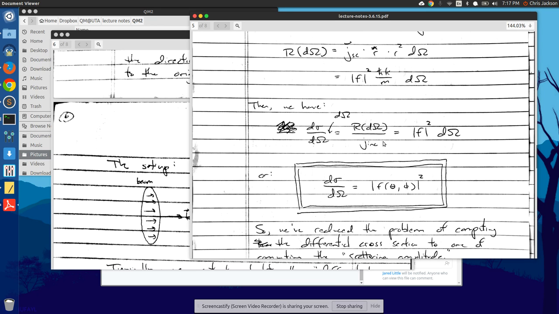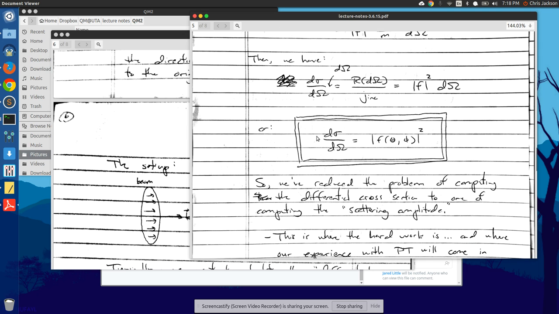And when I plug in our expressions, what you see is that everything drops out except our f squared term, times this d omega piece that's coming from the rate calculation. So I can cancel the d omegas on both sides. Here I've multiplied and divided by d omega because I want the differential cross section.